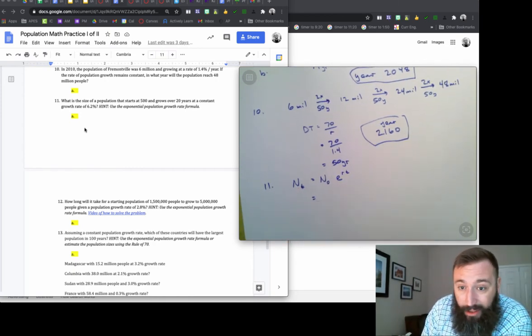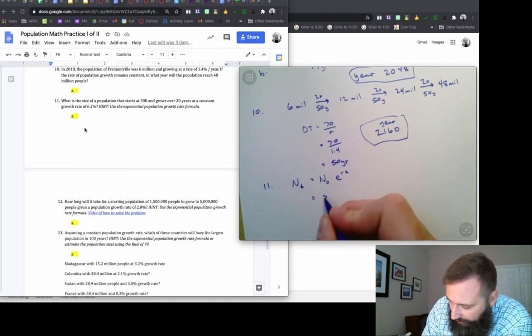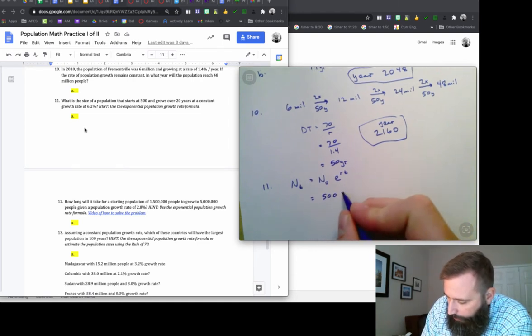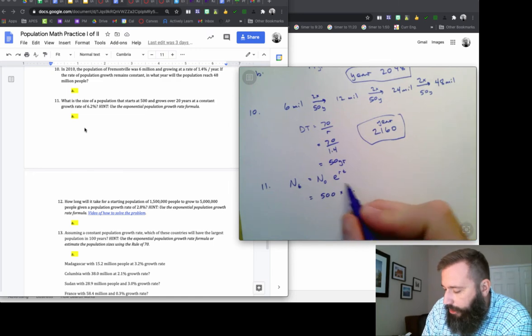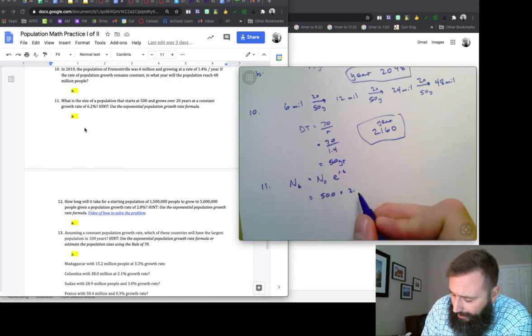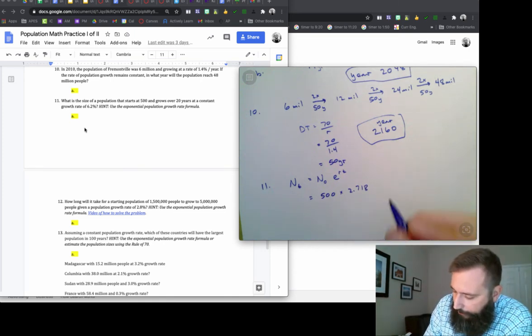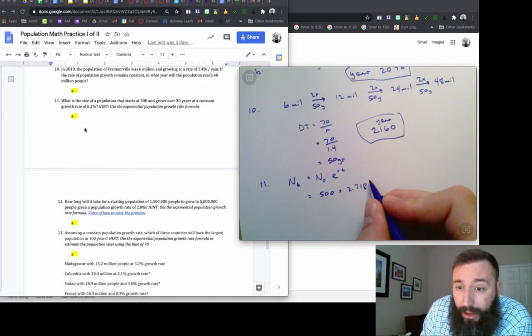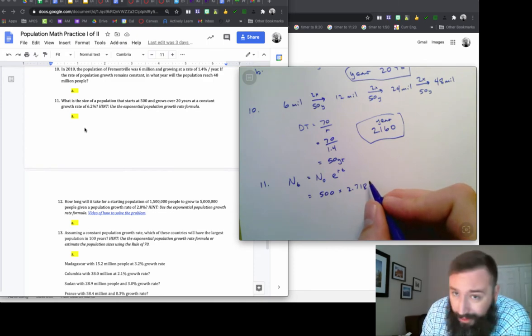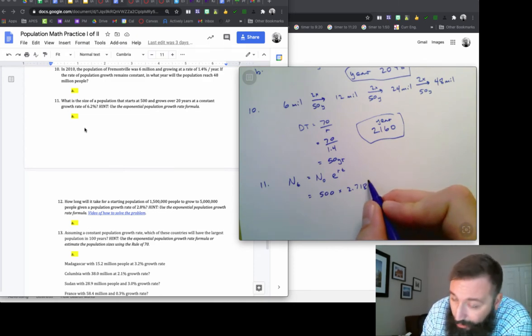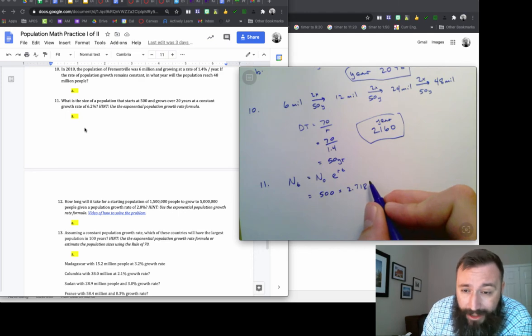N sub 0, the very start of it, is 500 individuals. We'll multiply it by the irrational number. It's like pi. It's just that it's equal to 2.718 with infinite number of decimal points afterwards, multiplied by the rate here. For this one, in this calculation, we will have to move that decimal point over.